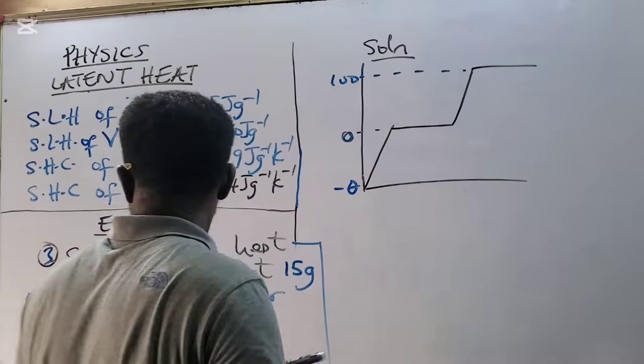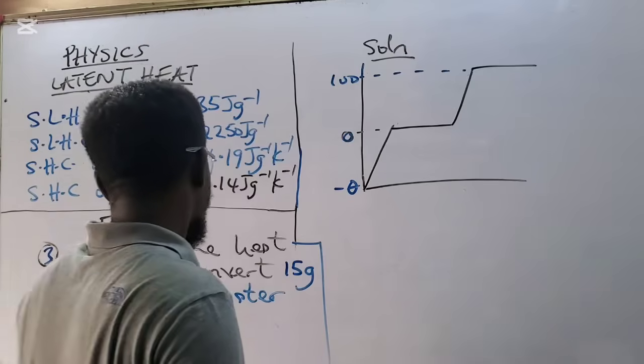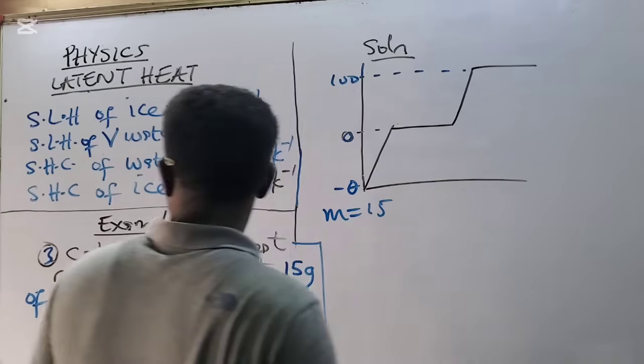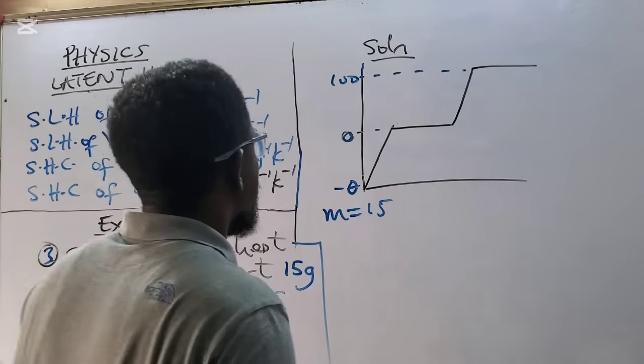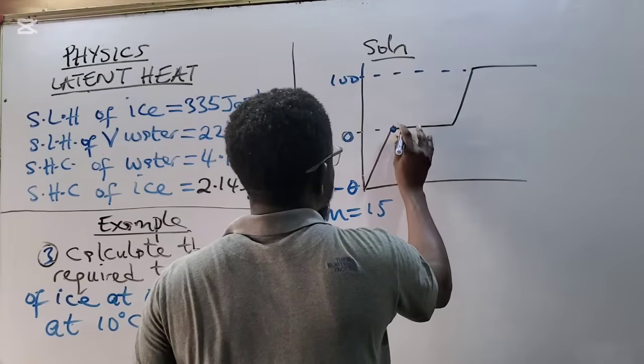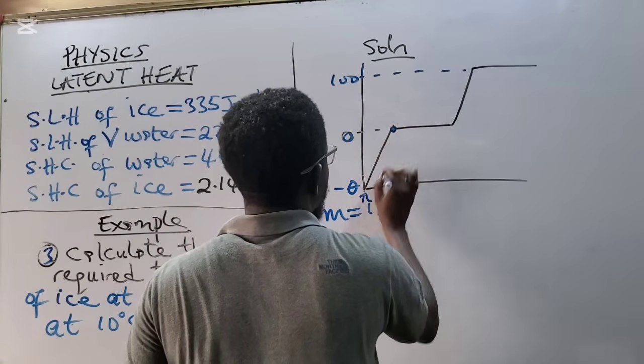Now the mass of ice is 15. Now we are converting the ice up towards 0. This is where ice at 0 is. Ice at 0, that's point B.